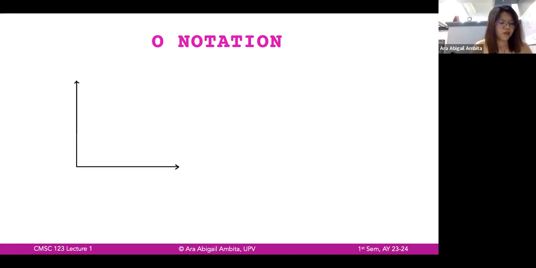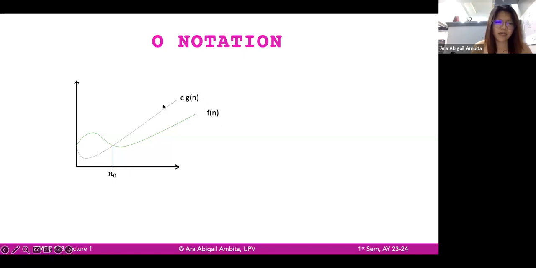Assuming that we have some function f of n, wherein f of n is the running time of a certain algorithm, and after some input n sub 0, we have another function g of n multiplied by some constant c that grows at least as fast as f of n.